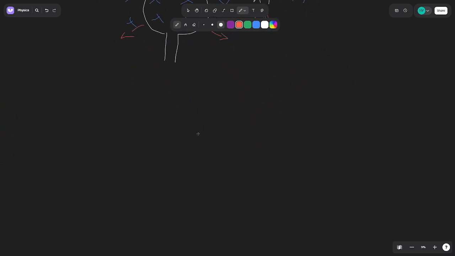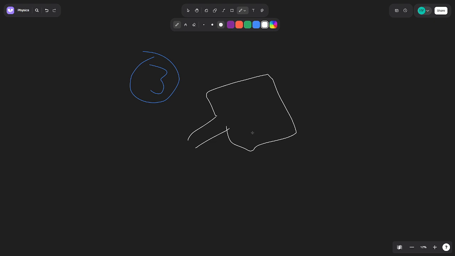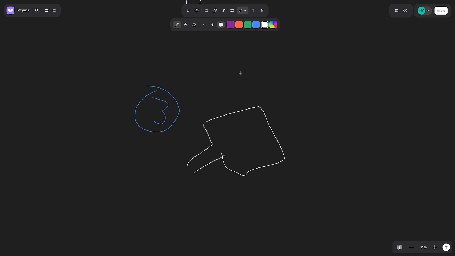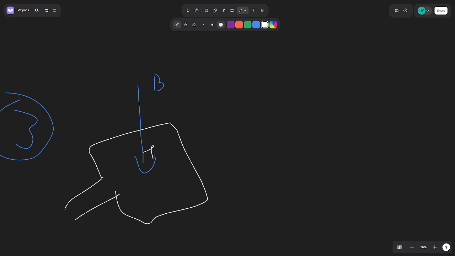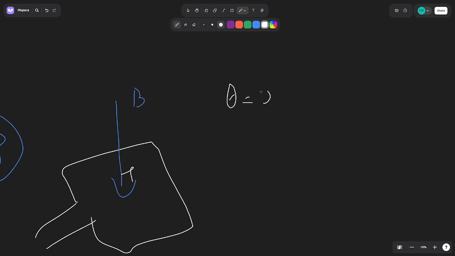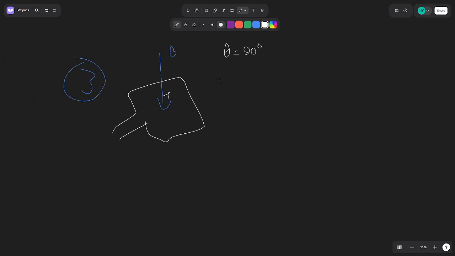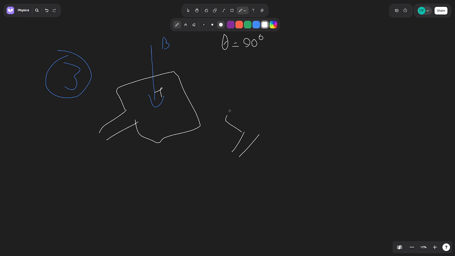And the third one, we got another coil that lies on a table. And we got some magnetic field falling on it. Let me represent it like this. So we got some magnetic field falling on it, and the angle between them equals 90, right? What if we just change the angle a little bit?